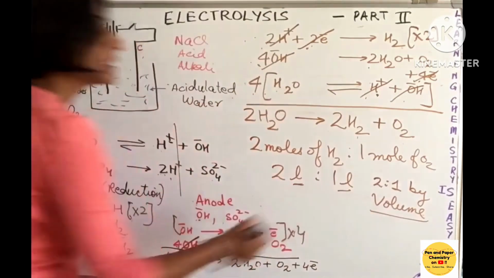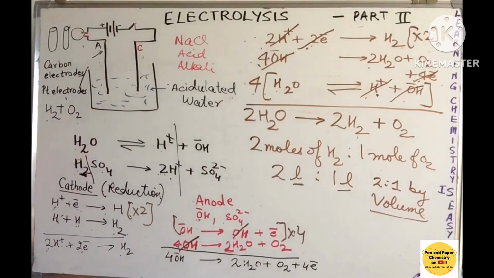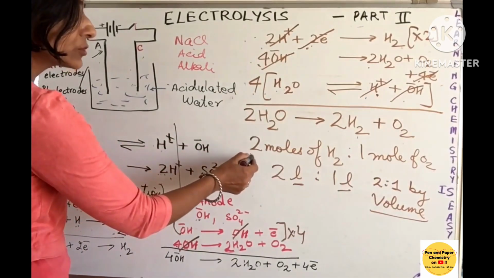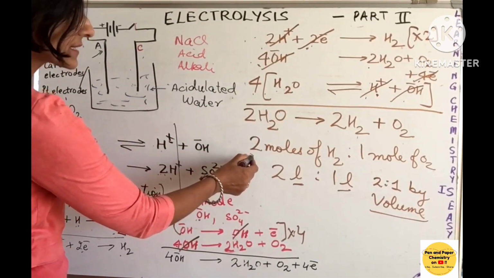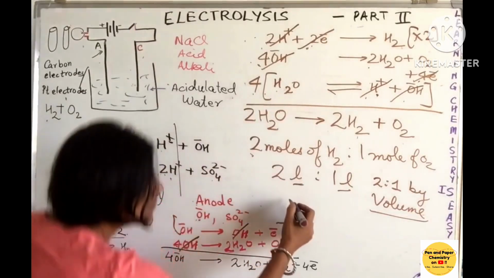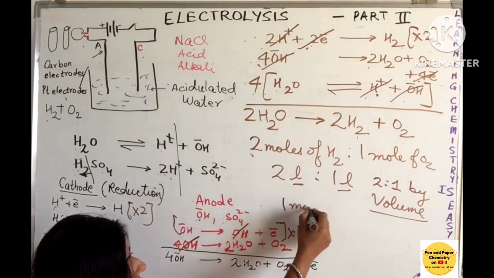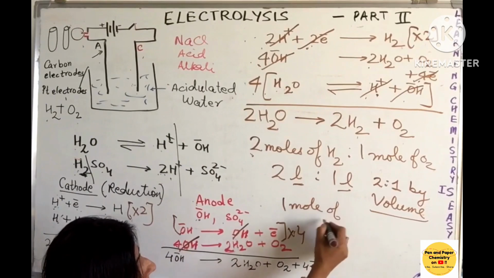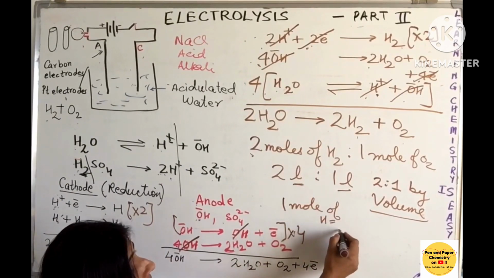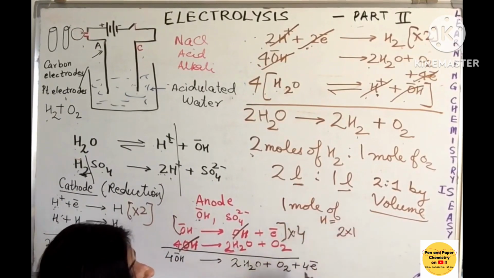Please understand this term, by volume. Why am I stressing on this? Because if you express this 2 moles as weights, 1 mole of hydrogen, let me put its atomic weight, that's 2 into 1, right?